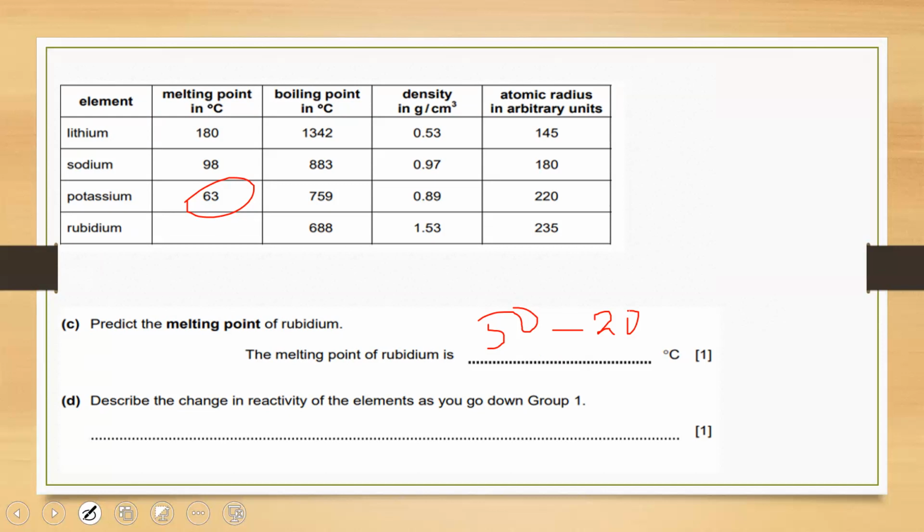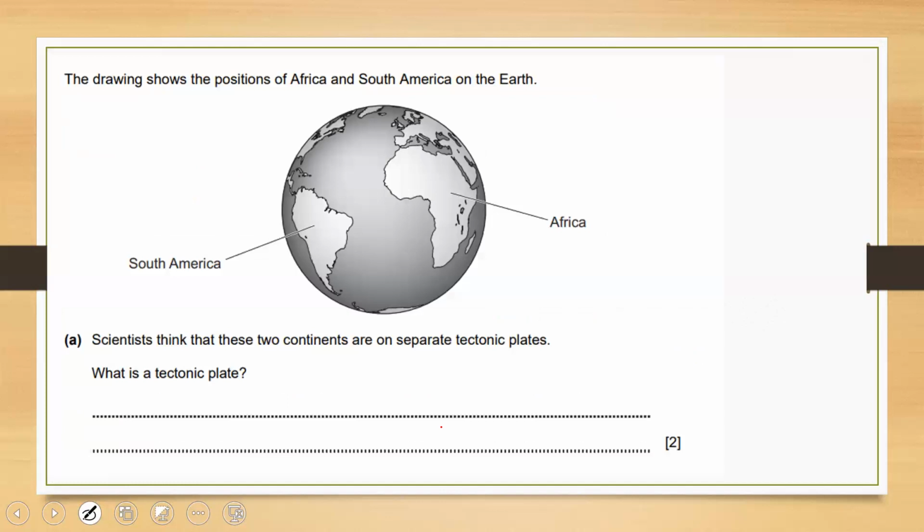That is why francium is the most reactive alkali metal. Change in reactivity is not on your table, but it's part of the trends for group 1. So reactivity increases down the group.